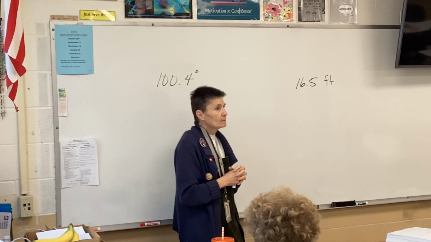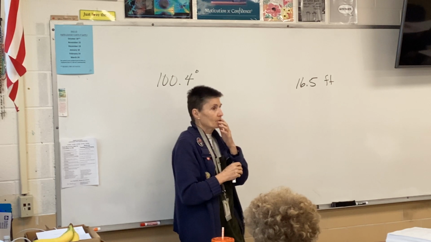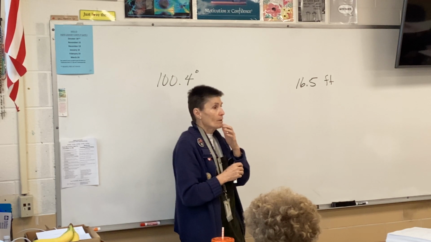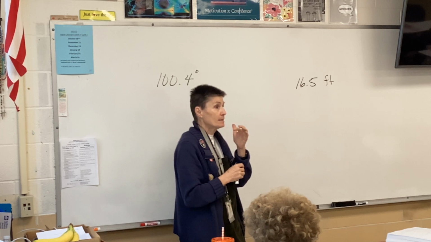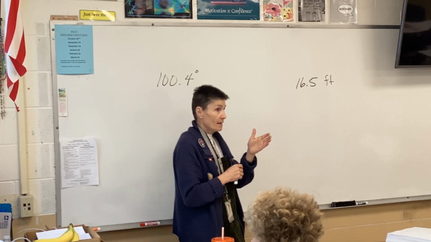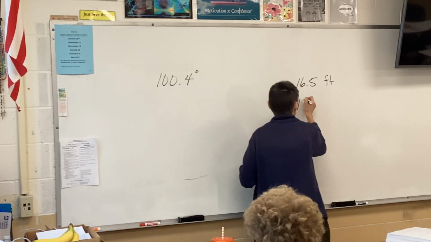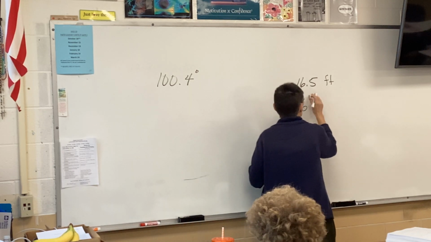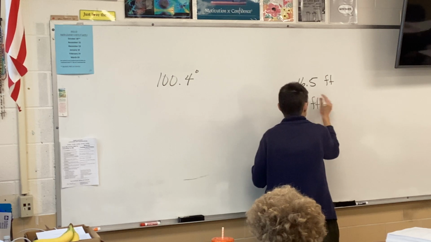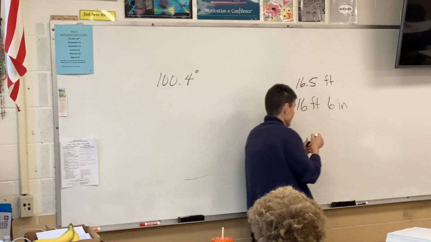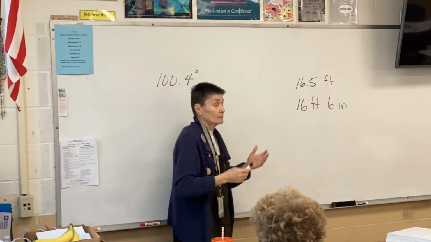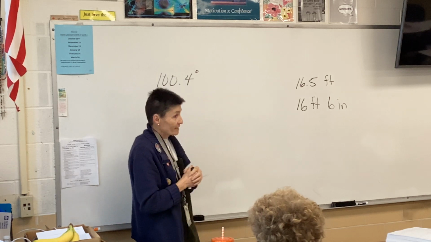Inches. Or Jacob? Multiply it by 12 inches. So it would be 16 feet and 6 inches, because a foot is 12 inches. So a half a foot would be 6 inches, right?